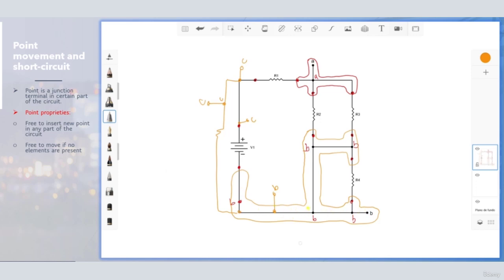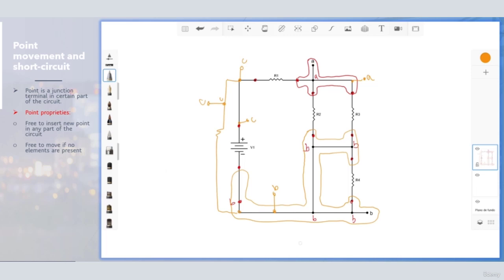In all these regions, the same happens to A. The A can be moved to here. And these operations of moving a point are important to reorganize the circuit when you are simplifying the circuit. And you will understand it later in the circuit simplification lecture.